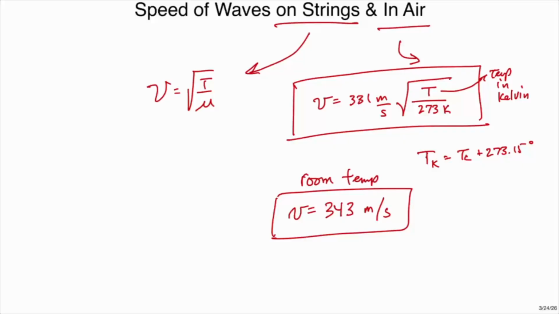If you're not told what the speed of sound in air is, just assume it's 343. You'll be fine. Okay? That's sort of the standard room temperature, pressure at sea level number for the speed of sound. Some books will say 340 instead of 343. They'll just drop a significant digit because it's actually pretty close, right?